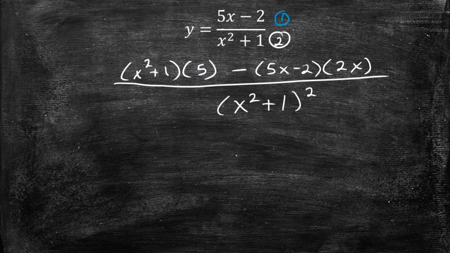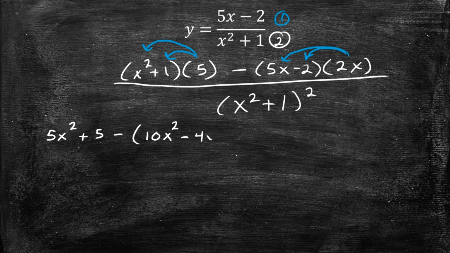Continuing on, all we have to do is simplify, and what we're going to be doing is distributing this 5 over and this 2x over to both of those numbers. So what we get when we do that is 5x squared plus 5 minus, I'm going to keep the parenthesis there, 2x times 5x is 10x squared minus 4x, all over x squared plus 1 squared.